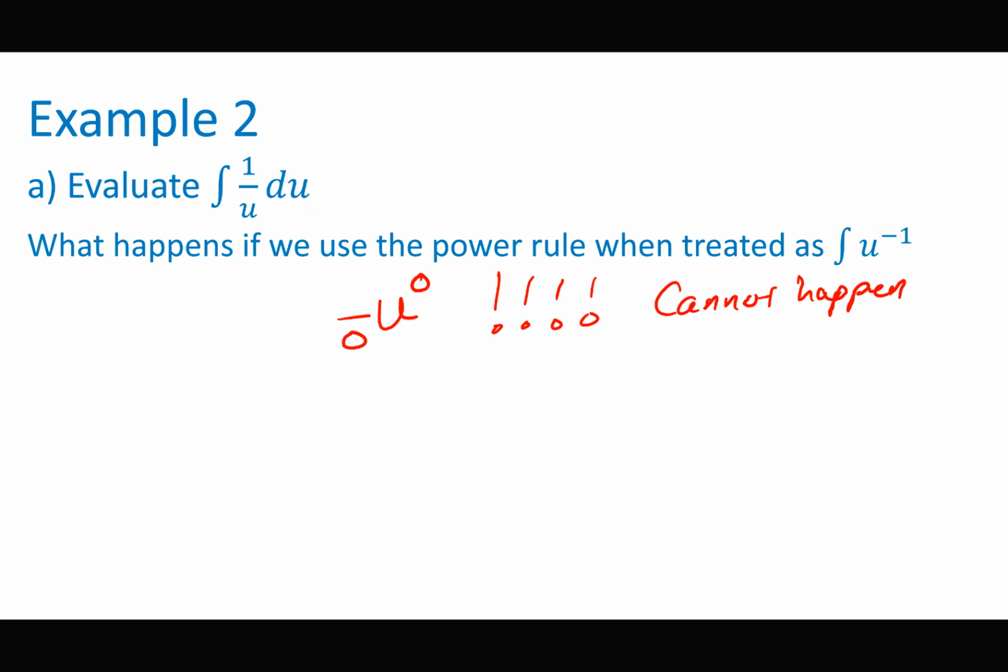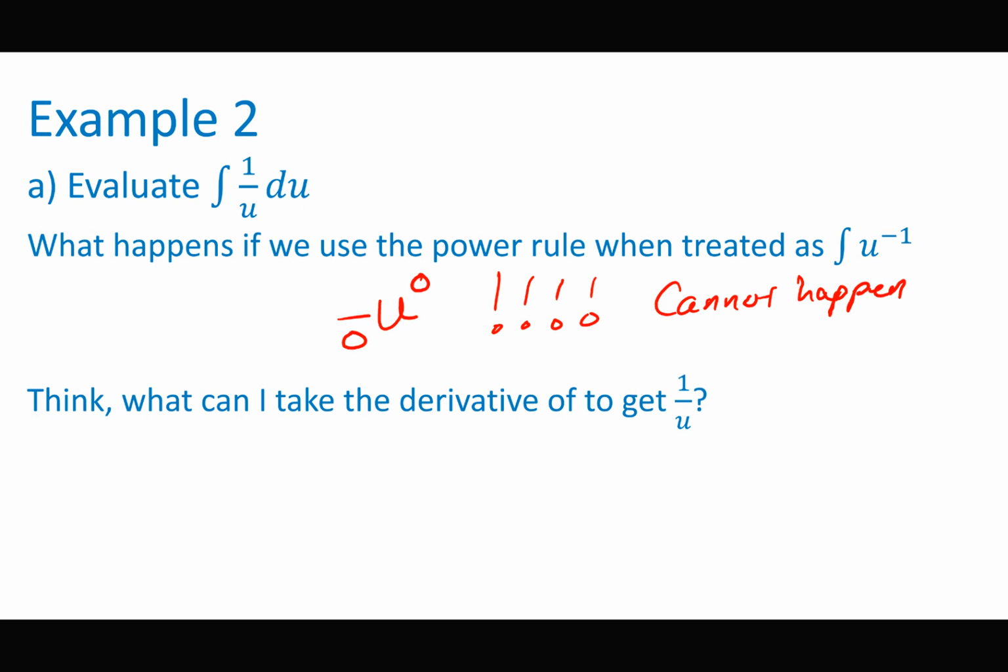So the antiderivative of 1 over u, we need to think, okay, what can I take the derivative of to get 1 over u? And that was natural log. This one is common.